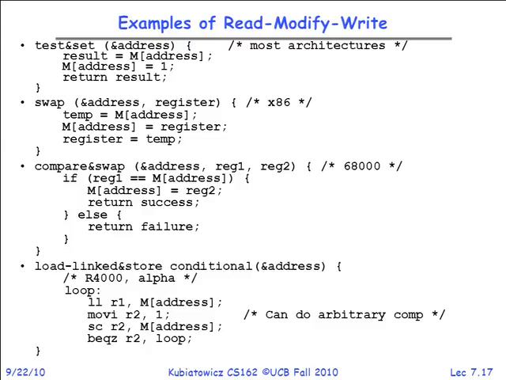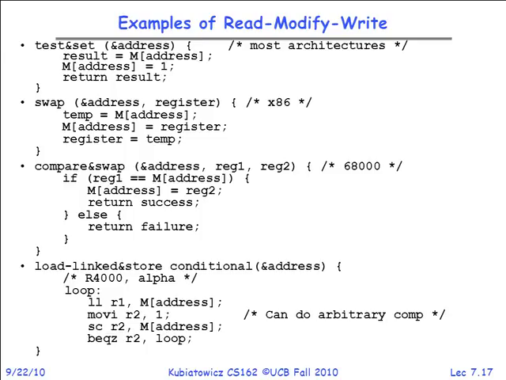And then load, link, store conditional is another example of a type of atomic operation that you can get on processors. This one was on the Alpha and R4000. The point is that these are more complicated operations than just load or store. They're combinations of load and store. And as a result, those combinations are sufficiently sophisticated enough that we can build locks out of them.